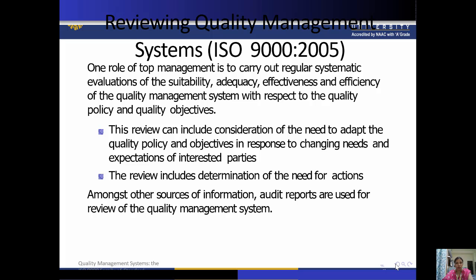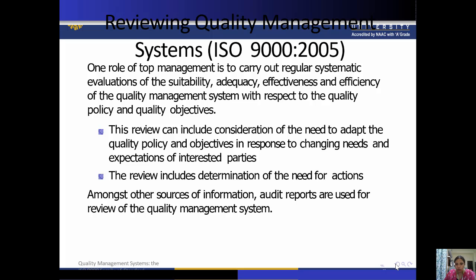It is the responsibility of top management to review the quality management system periodically. The review can include consideration of the need to adapt the quality policy and objectives in response to changing needs and expectations of interested parties.